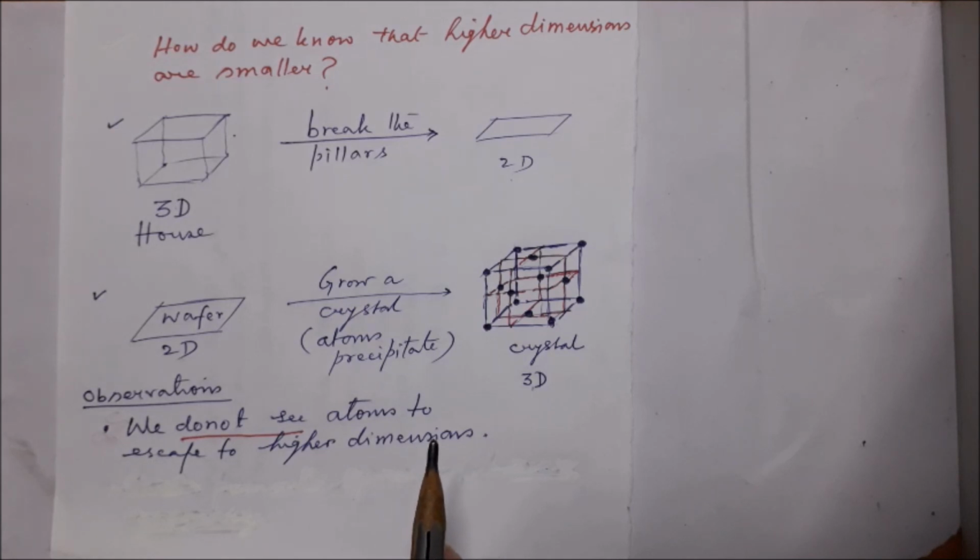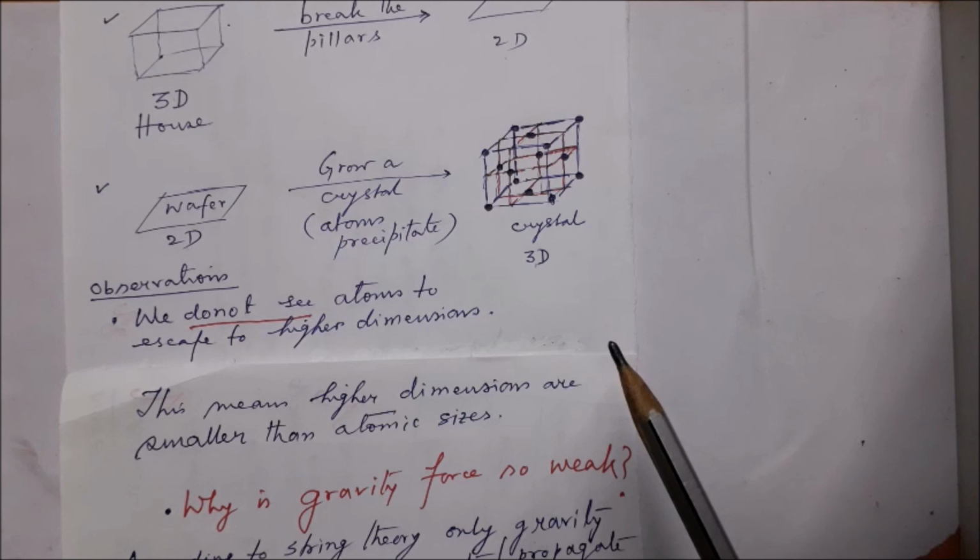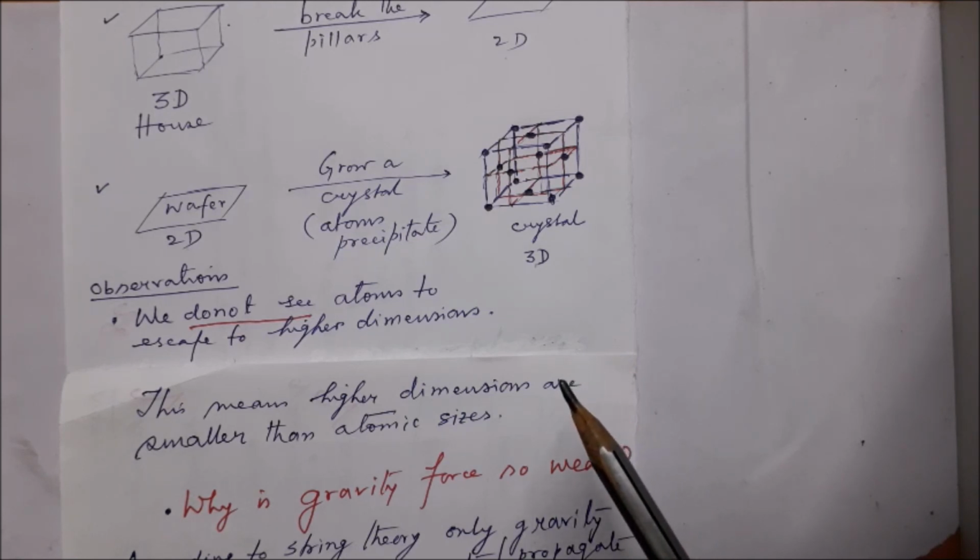The higher dimension must therefore be of smaller size than atoms so that atoms cannot disappear. After all, you need a space at least of your size to hide into. A child cannot hide in a rat's hole. So higher dimensions are expected to be smaller than atomic sizes.